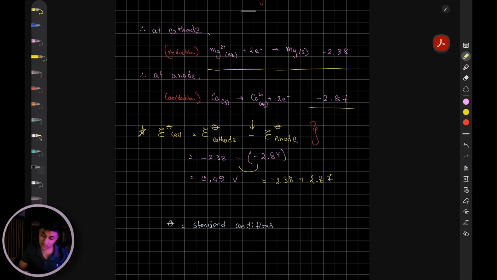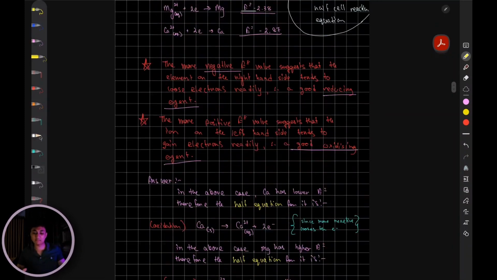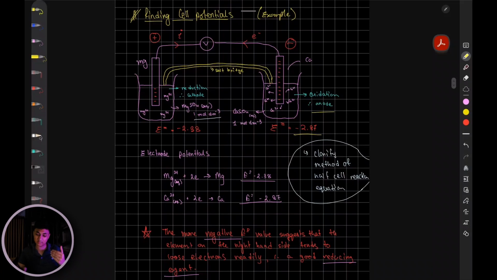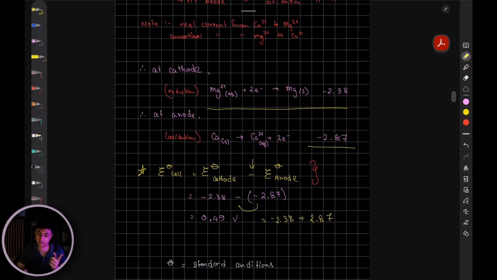This is why you need the negative sign between the electrode potential of cathode and anode: at the anode, oxidation is taking place. And remember, these electrode potential values are given in terms of reduction, right? So whenever oxidation is taking place, you need to add this negative sign to denote oxidation is taking place over here. So when you calculate, you can find the exact potential difference between two half cells.